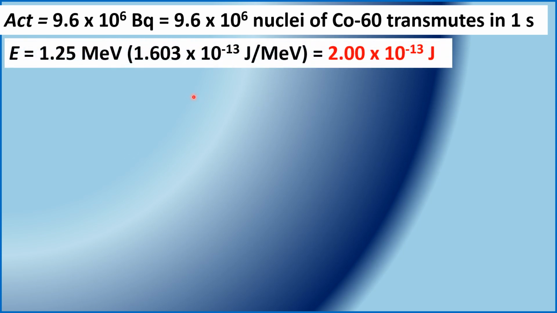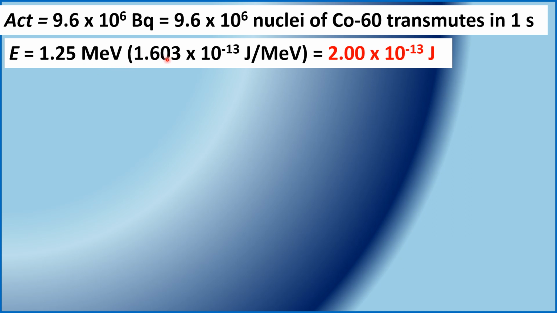According to the problem, the energy associated with the gamma photon emission is 1.25 million electron volts.